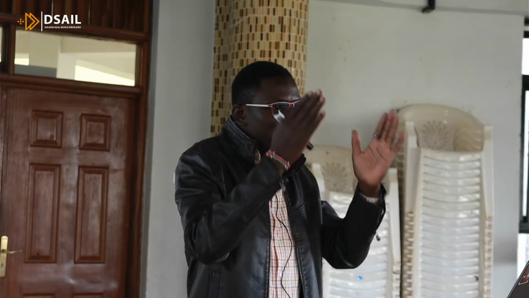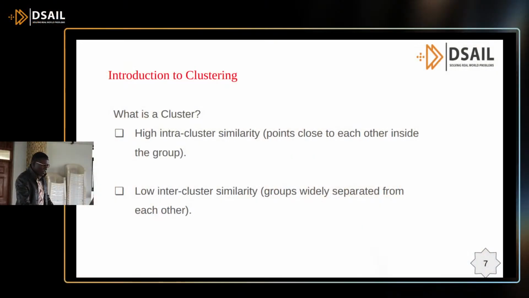And one for dogs, also the intra-cluster similarity should be high, but the difference between the two clusters should be higher. So that's how we define a cluster, and we already mentioned this.